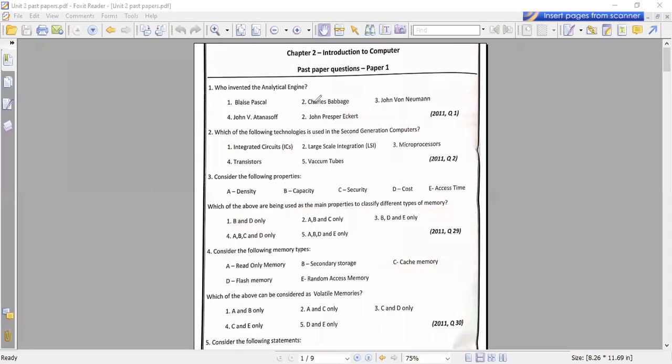Who invented the analytical engine? So the analytical engine was invented by Charles Babbage. So the second answer should come. That's correct, all of you. Then second question.